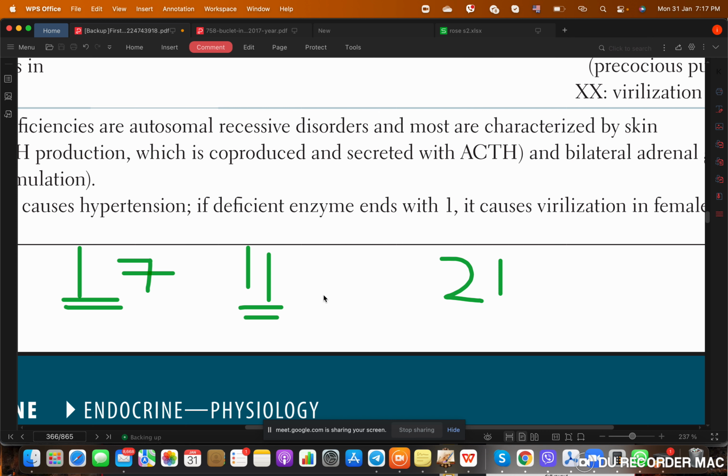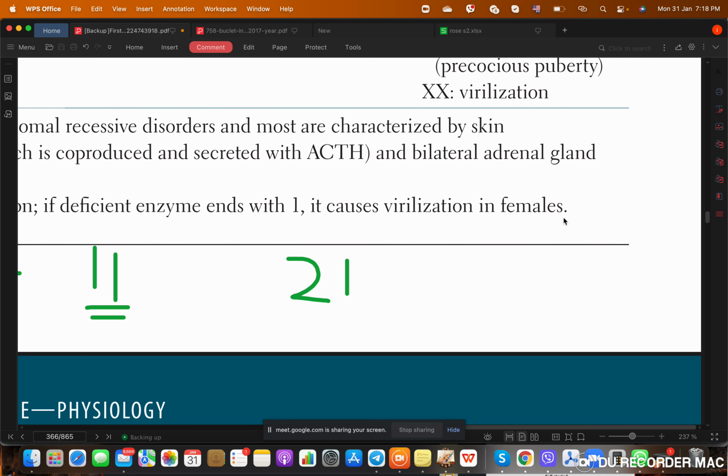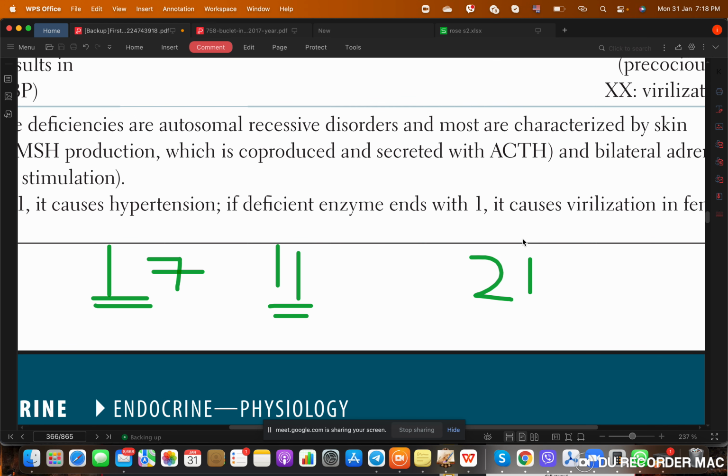Any hypertension? No, virilism. Absolutely, because they say if the deficient enzyme ends with 1, it will lead to virilism in females. So except 21, what else can lead to virilism? Except 21, it will be 11, obviously.